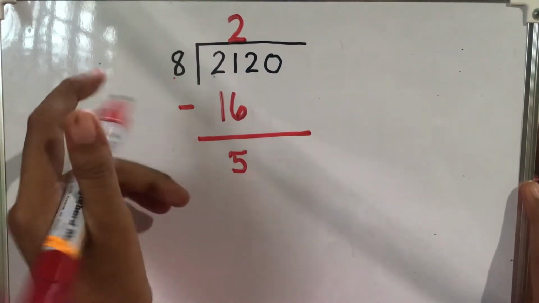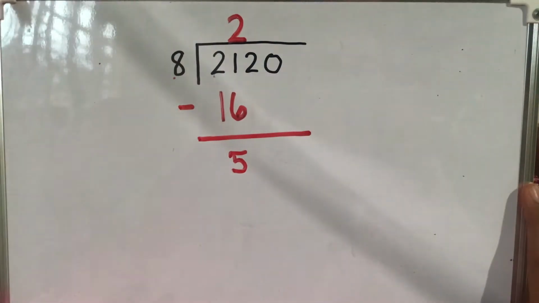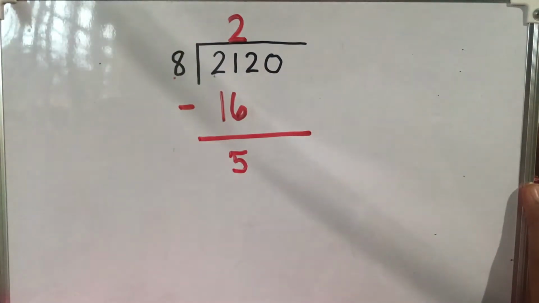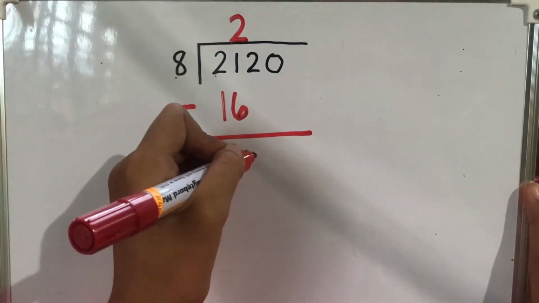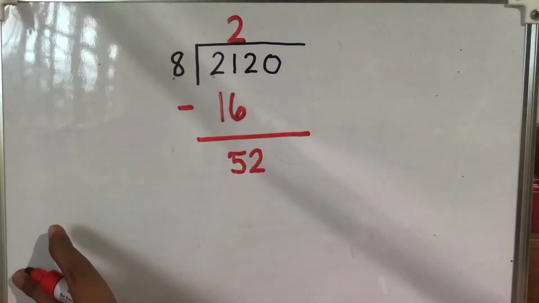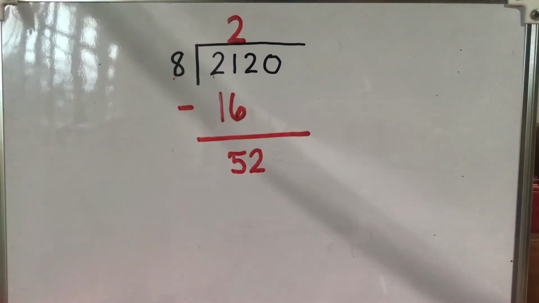You can either borrow or just immediately subtract. And then bring down 2. So the next digit is 2. Bring it down. We now have 52. So 52 divided by 8 equals 6.